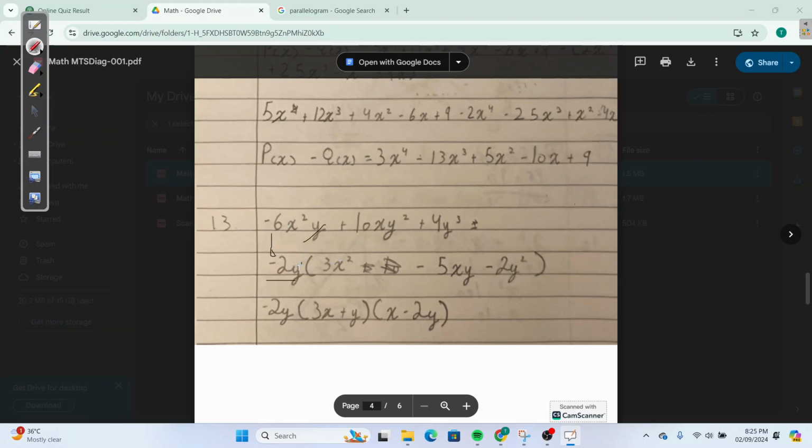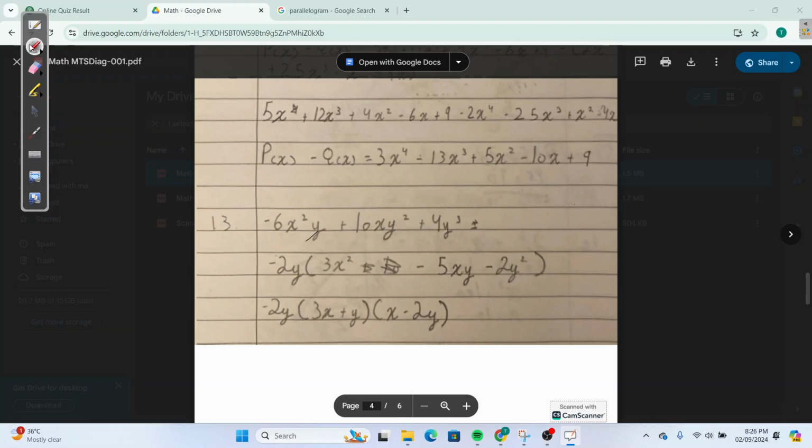The y cancels out with the y here. Okay, minus, because this is positive, 10xy divided by 2y. 5. Why say 5? Because I already put the minus down. X stays because it's not divisible, and y squared becomes y because one cancels with this one. And now same for this one, you divide by 2y, you get negative 2y squared.